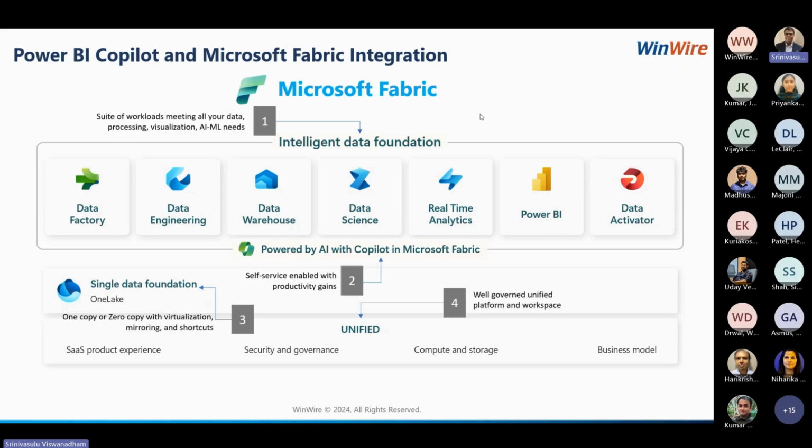So this is the complete landscape. In a simplistic approach, you can literally build the entire enterprise-level solution within Fabric, by going through this OneLake architecture and the engines that are available.